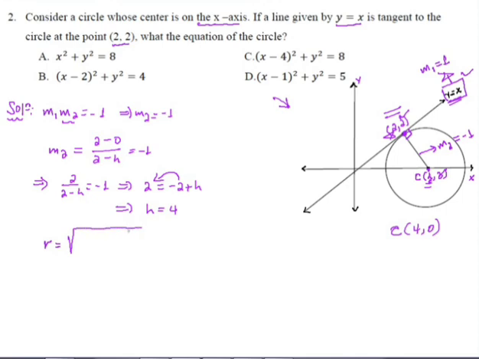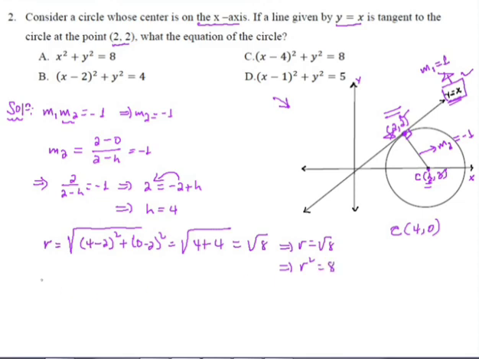The radius will be the square root of (4 minus 2) squared plus (0 minus 2) squared, which is the square root of 4 plus 4, radical 8. So r equals radical 8, meaning r squared is 8.